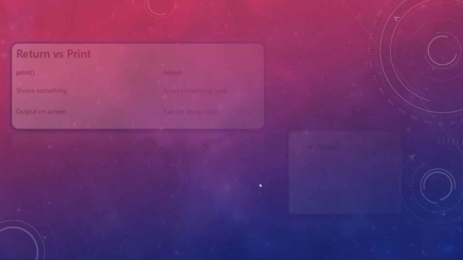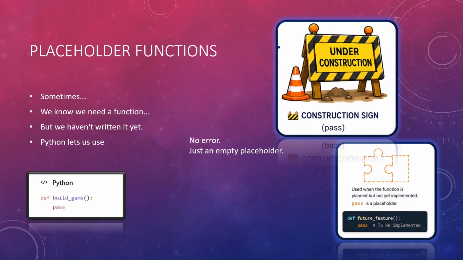Next we see placeholder functions. Earlier in one of the previous lectures, I showed you how we use the pass statement, right? At times we need to create certain functions and keep the space without Python giving an error while compiling it.